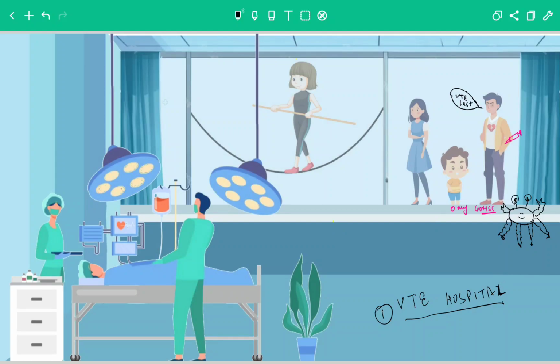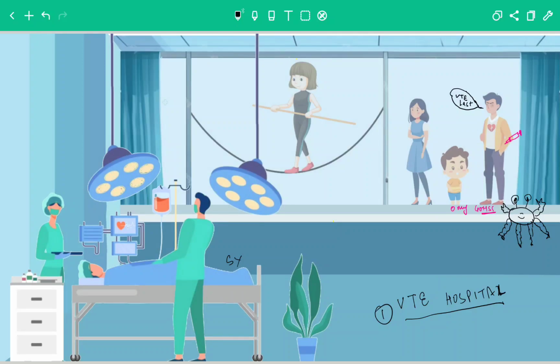Now in the hospital, this lady is undergoing a surgery. So during pregnancy, any surgical procedure, for example an appendicectomy, is again an intermediate risk factor. So once in the hospital, first risk factor. Then in the operation theatre, another risk factor.